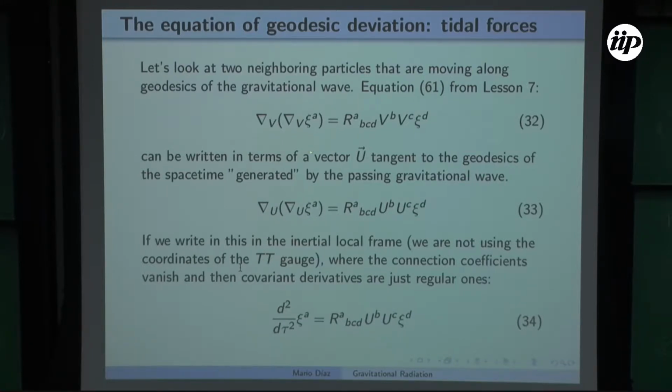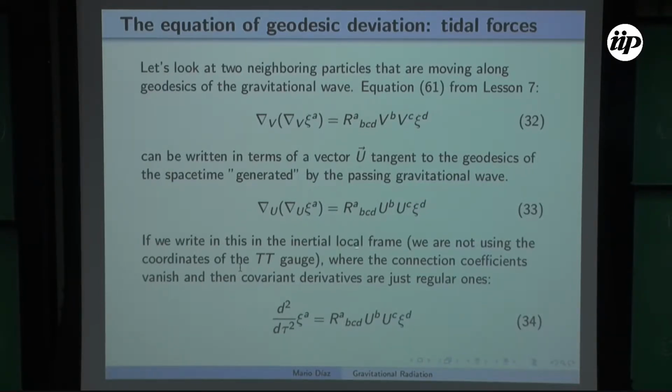It's actually from the previous lesson, but essentially this is the geodesic deviation equation. The deviation is measured by the Riemann tensor. So we can write it in terms of a vector tangent to the geodesics of the space-time that are generated by the passing gravitational wave. And we can write it this way for the U vector that is tangent to geodesics.